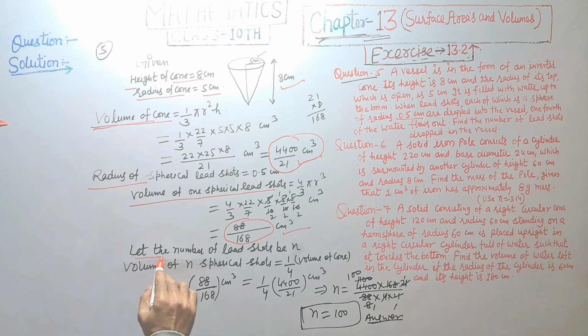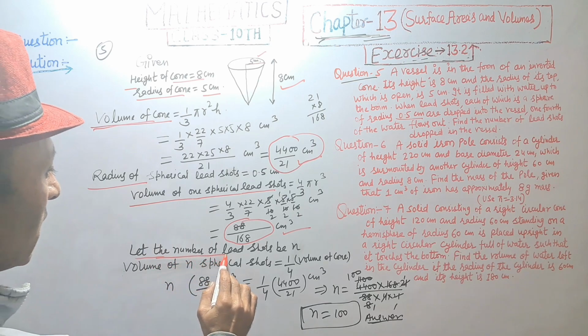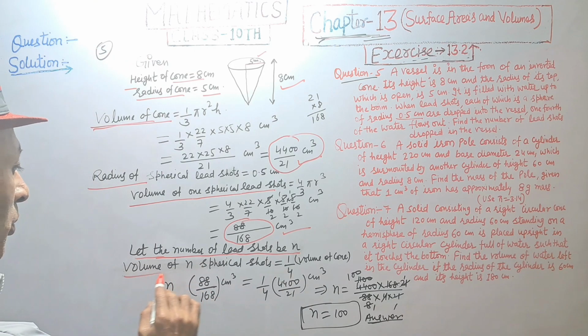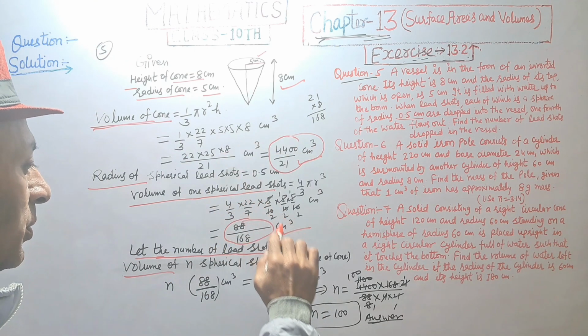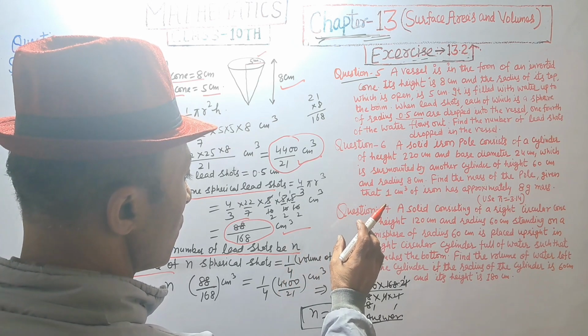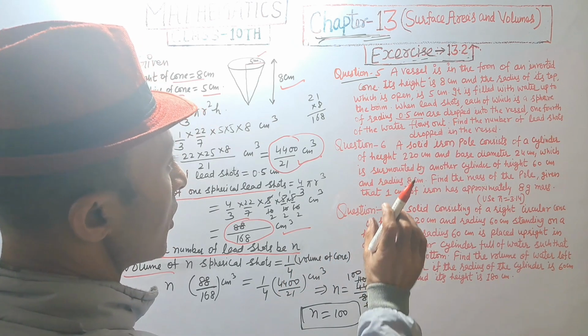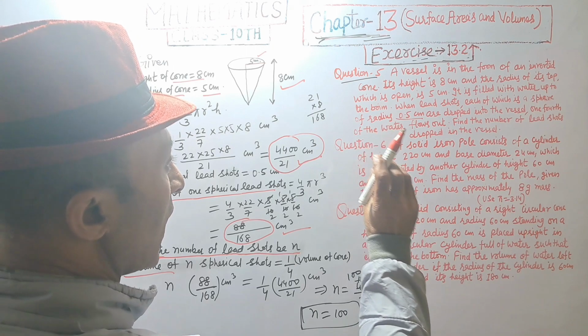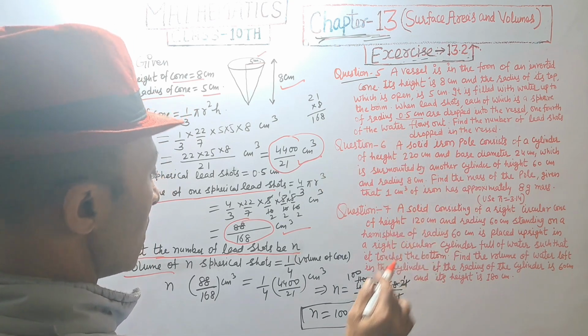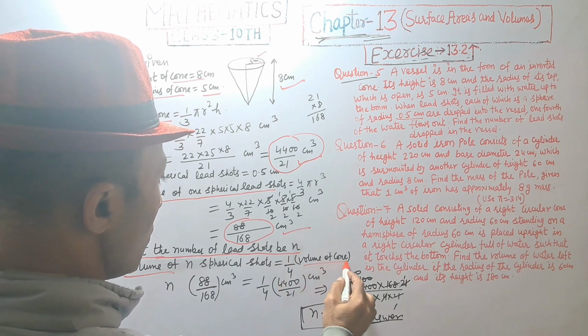This is the volume of one spherical lead shot. Let the number of lead shots be n. So volume of n spherical lead shots is equal to, according to the question, 1/4 of the volume of cone. When dropped in the vessel, 1/4 of the water flows out, 1/4 of volume of cone.